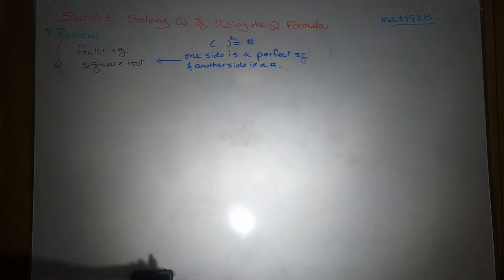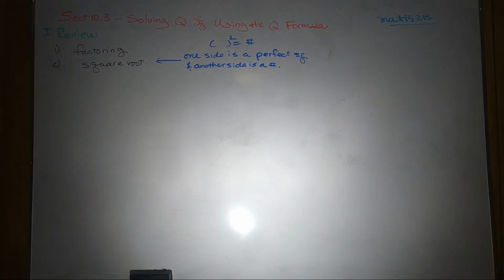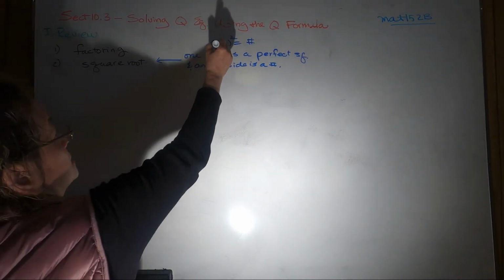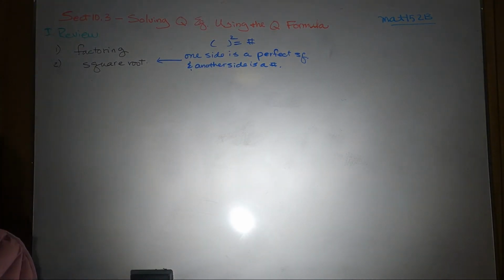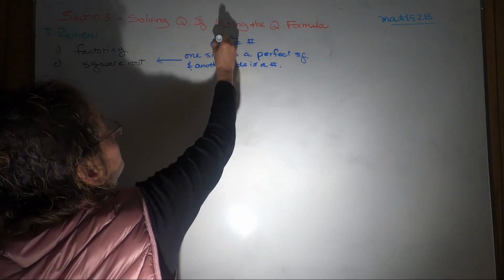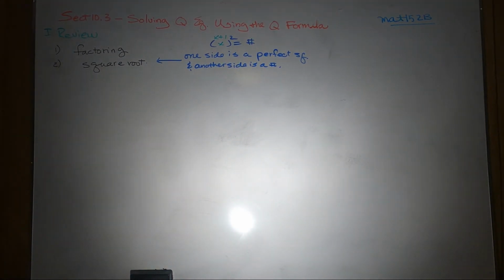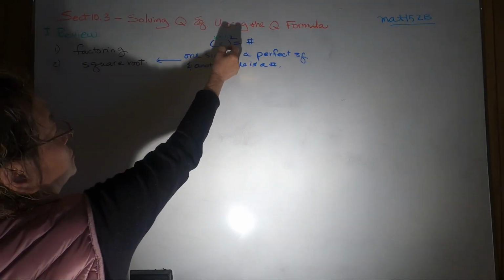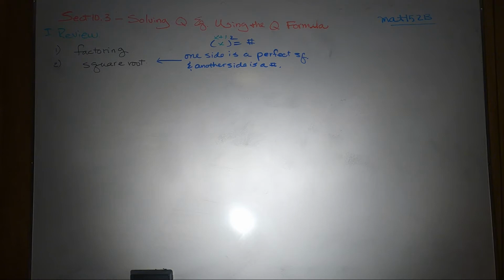Then you take a square root on both sides, then you get your answer. Either x or x plus 1, you get rid of the square, then you only have x inside, then you can solve easily.